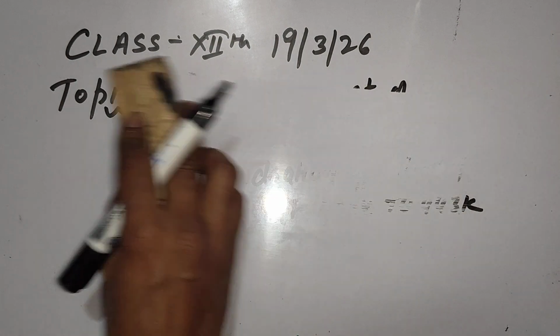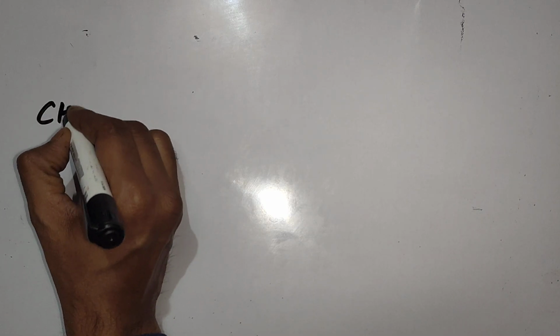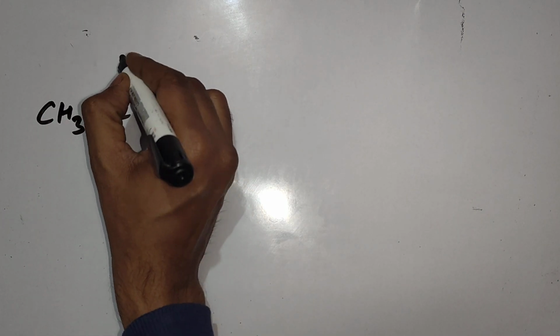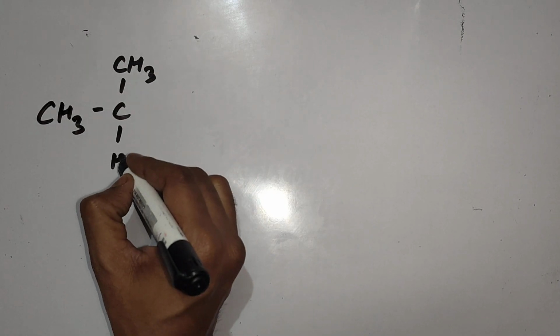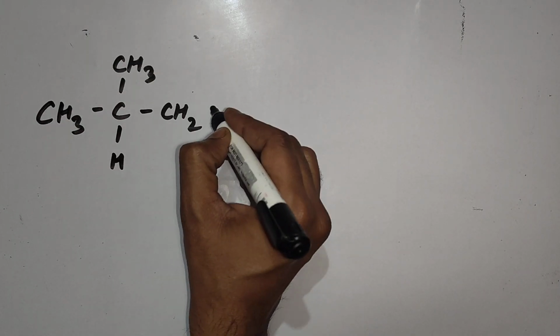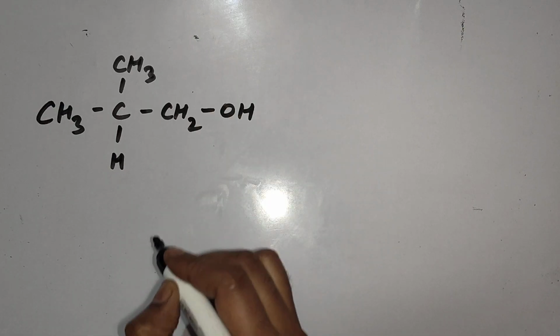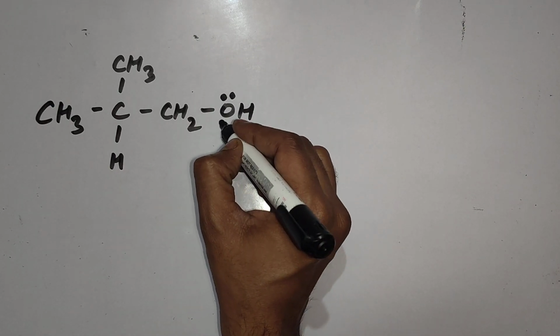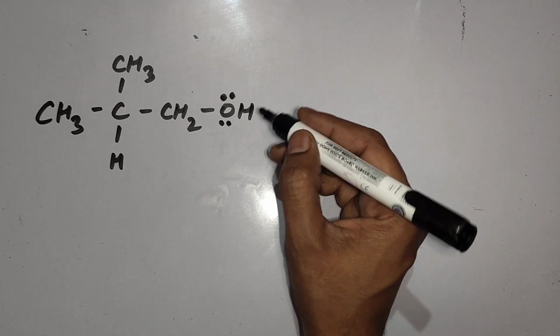Now let's check what it is. For example, directly with the example we will try to understand. Suppose this is the alcohol whose dehydration we are going to perform.